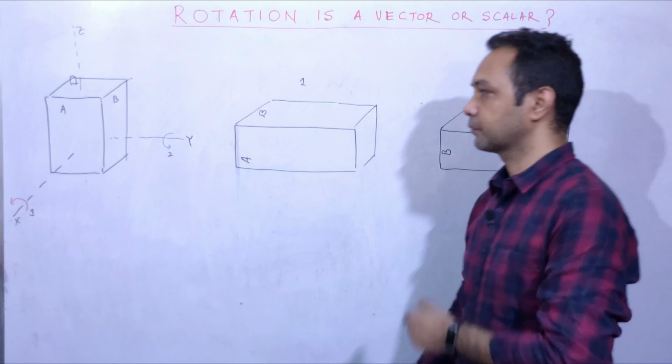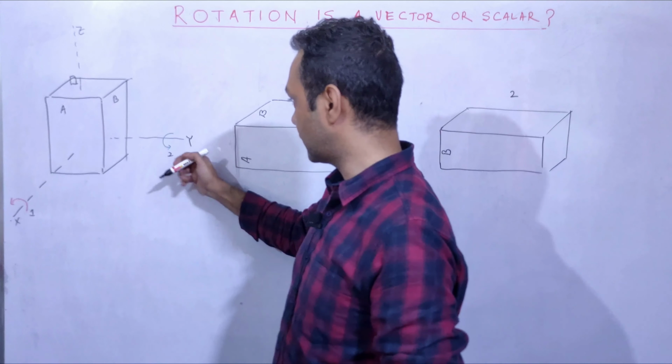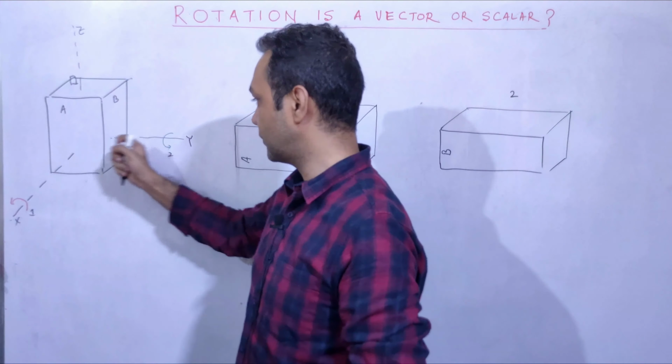Now what we can do, we will rotate it about the second axis first, then the first. That was the first way; in the second way, if I rotate it about y-axis counterclockwise 90 degrees first, the orientation that we are going to get would be like this.